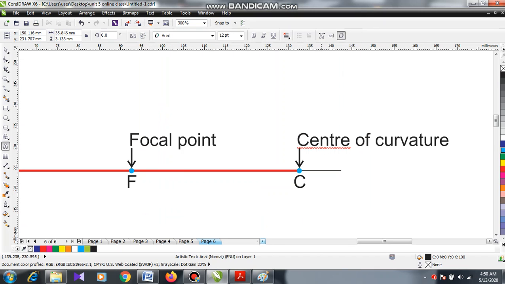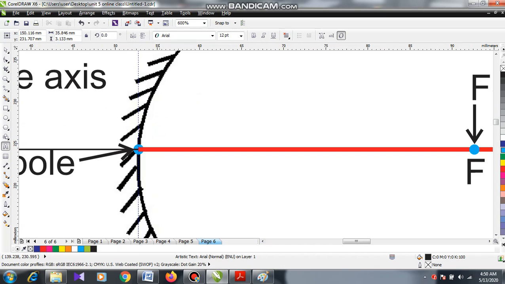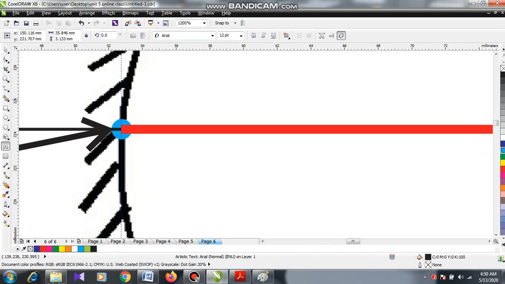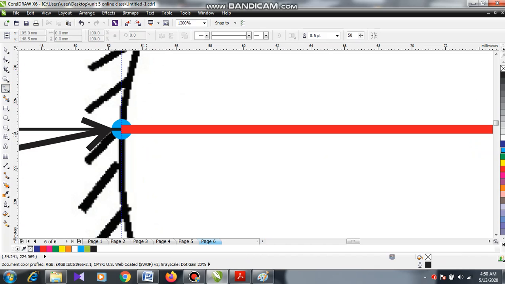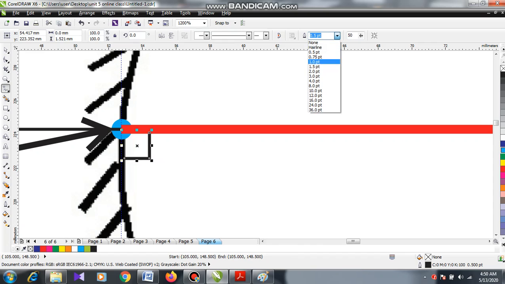And one more thing: the principal axis and the lens or mirror meet at a right angle. The angle here is a right angle, up and down both sides.